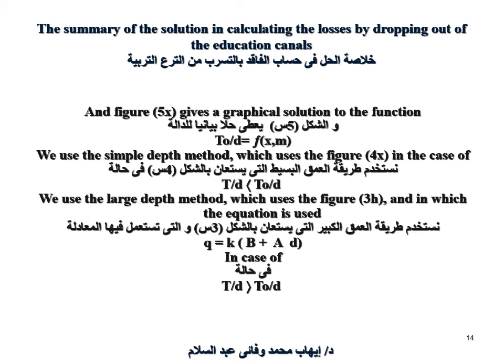We use the small depth method, which uses the figure for x, in the case of T over D less than T naught over D. But we use the large depth method, which is used in figure 3 and in which the equation used is q equals K multiplied by (B plus AD), in the case of T over D more than T naught over D. The next lecture will be an example for it.